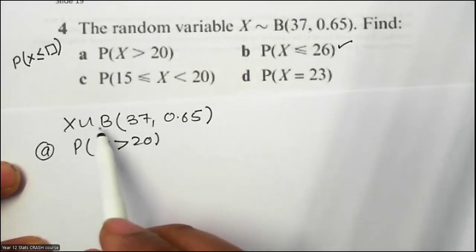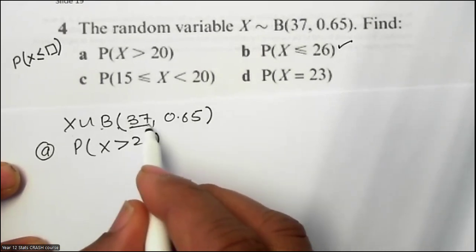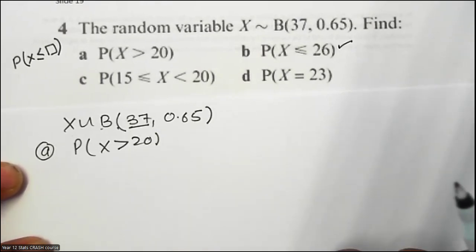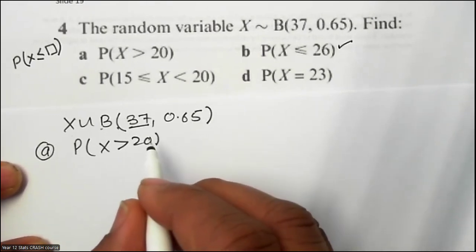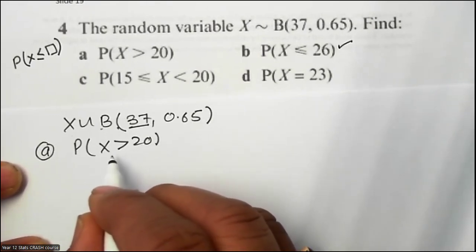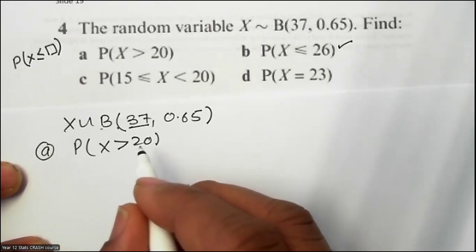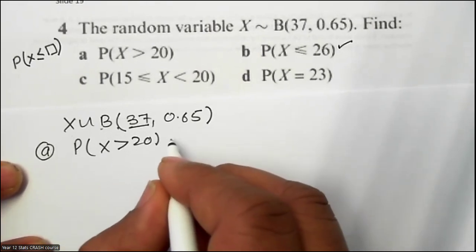X is binomially distributed. N is 37, that means there can be 37 attempts, and the probability of success is 0.65. I need to find the probability of that success happening more than 20 times.